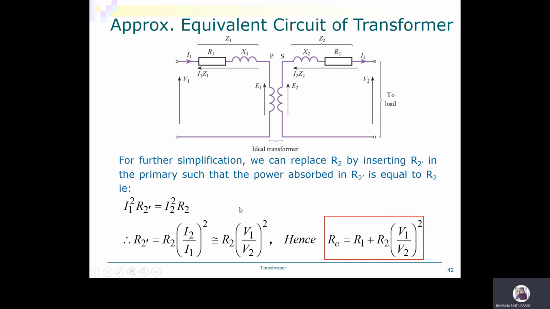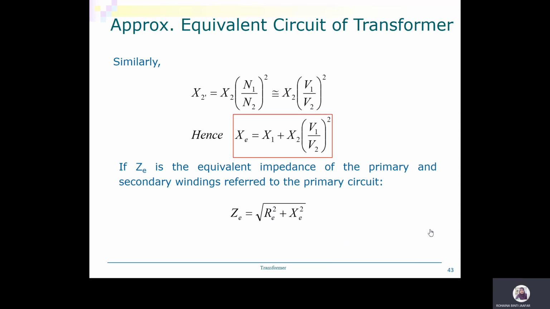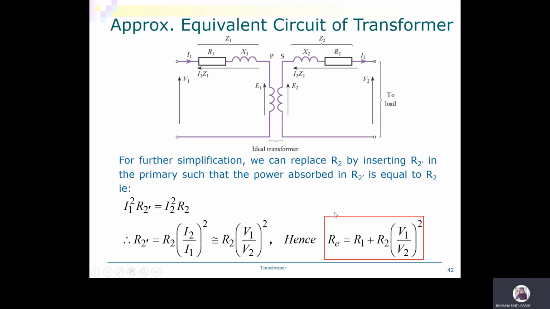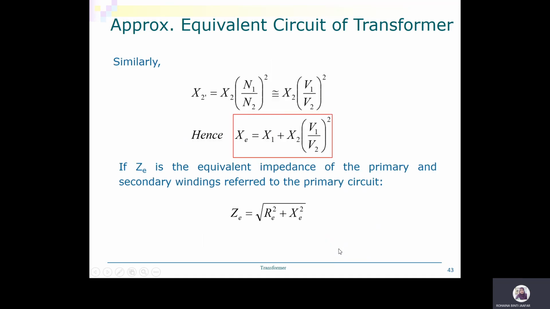Simplifying the equation, you will get R equivalent equals R1 plus R2 times (V1 over V2) squared. This is the formula you have to remember for R equivalent, and then X equivalent equals X1 plus X2 times (V1 over V2) squared.